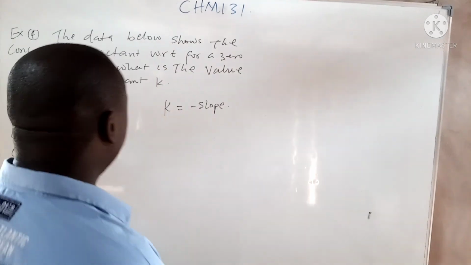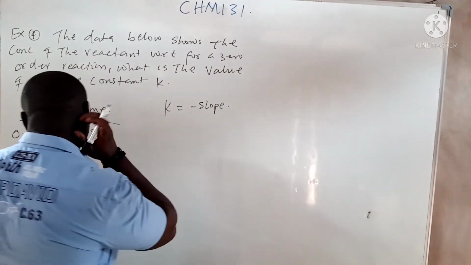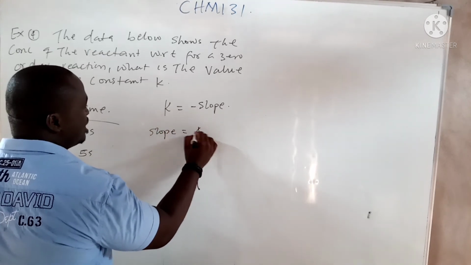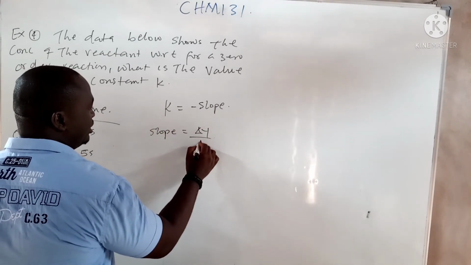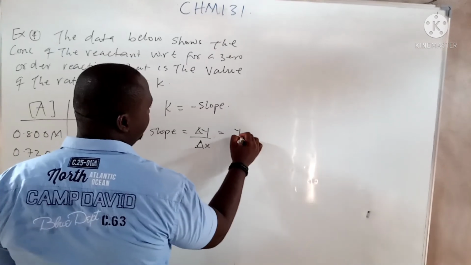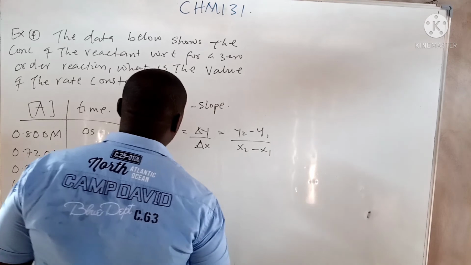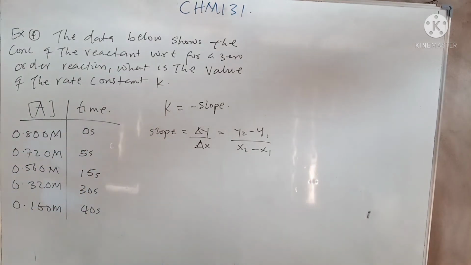Now, if this is equal to minus k, the formula for calculating slope is equal to change in y all over change in x, which will give you y2 minus y1 all over x2 minus x1. Now, we are dealing with concentration all over time.